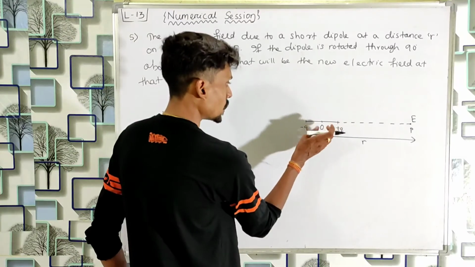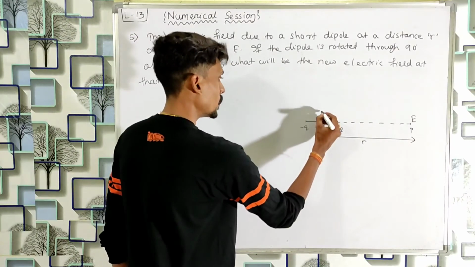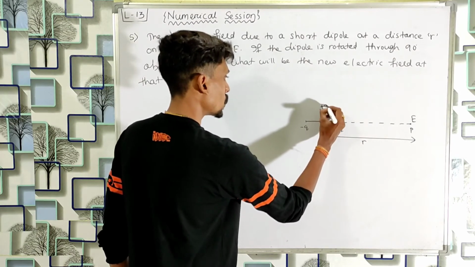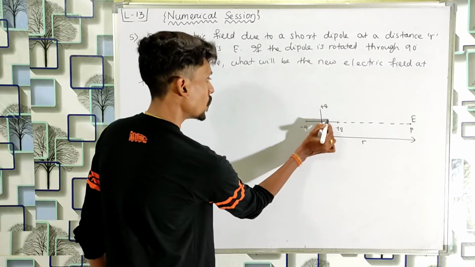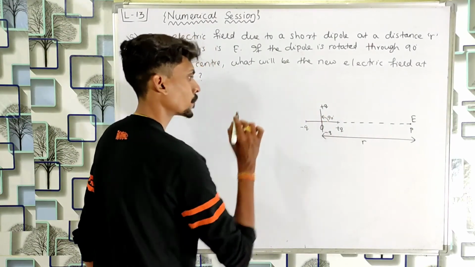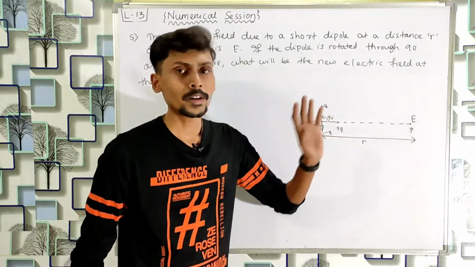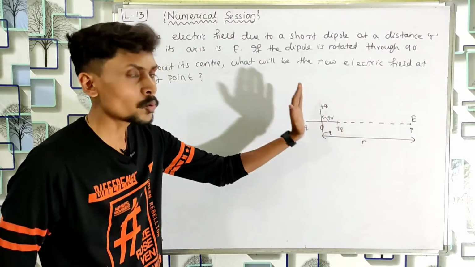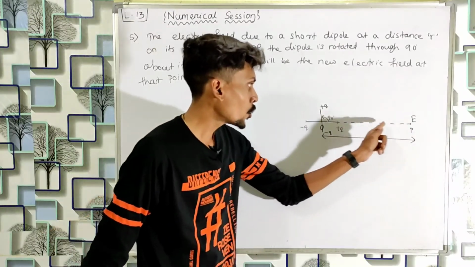So, if I rotate this dipole, suppose I rotate it in the anti-clockwise direction, then the dipole will be like this. Minus Q will be here and plus Q will be here. Is that clear? The dipole is rotated through an angle of 90 degrees. Then what will be the new electric field at that point? So now you can see that when the dipole is rotated through 90 degrees, the point P lies on the equatorial line.